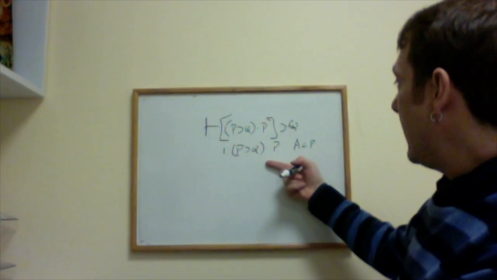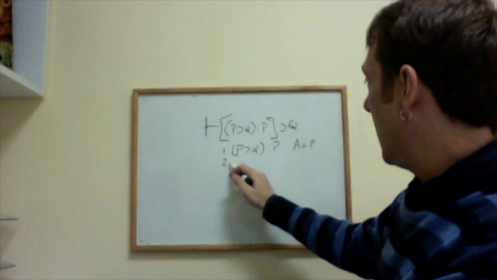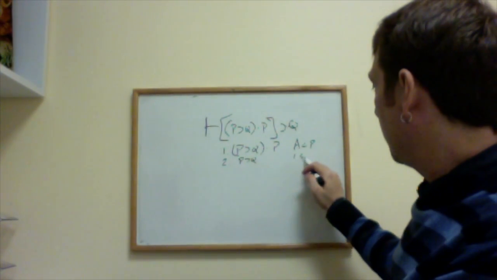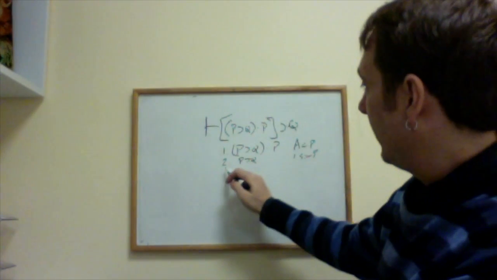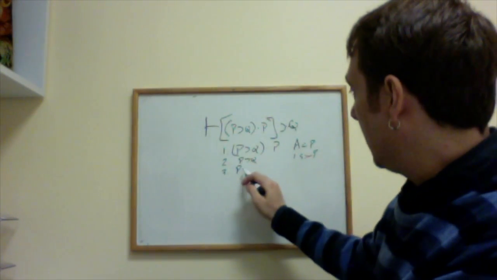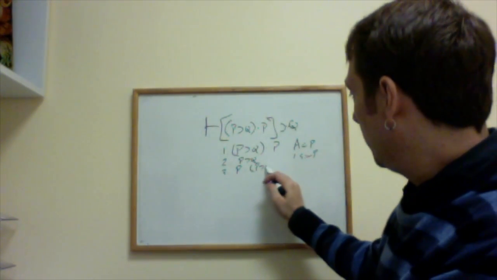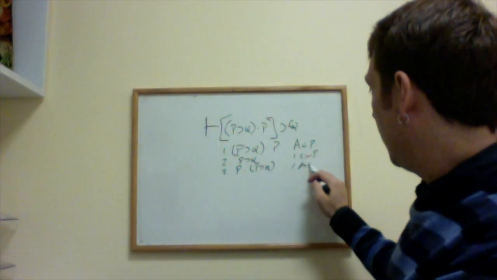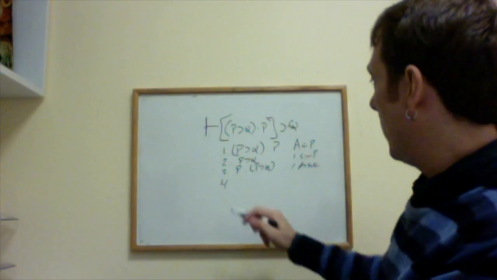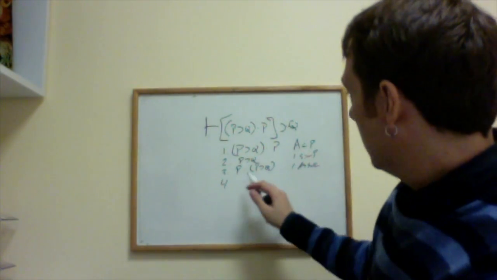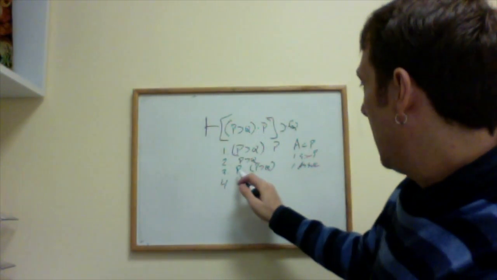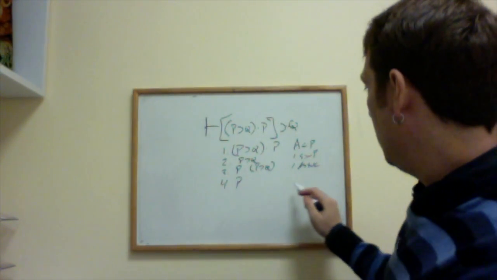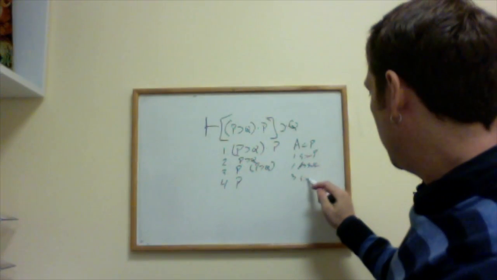So we can do that, and now we can simplify, and we get P horseshoe Q, and we got that from line 1 by simplification. And now we can flip it, line 3, P dot P horseshoe Q, and we got that from line 1 by associativity. And now line 4, we can do our modus ponens, and we have P horseshoe Q, and we want to do that, so we simplify this and get our P from line 3 by simplification.